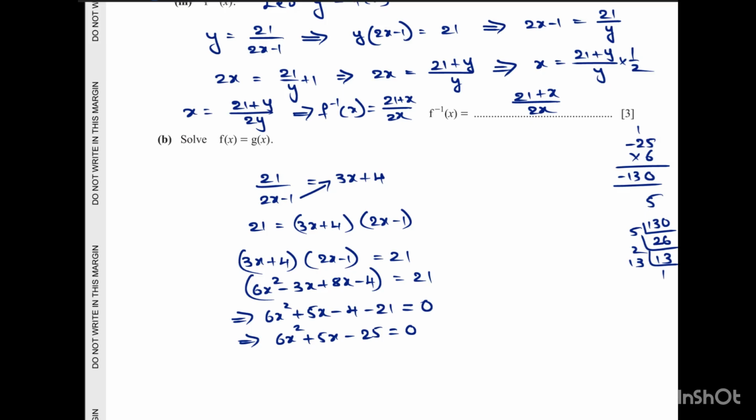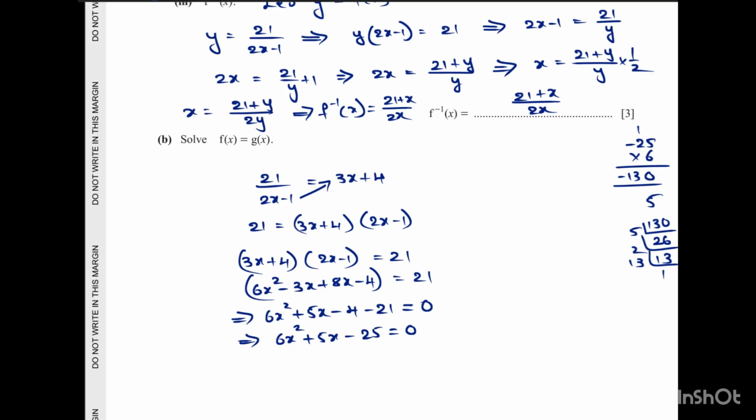So 13 into 2 is 26. 26 and 5, we cannot get 5 here. 5 into 13, 5 3s are 15, 5 1s are 5, 65, minus 2 also we don't get 5.